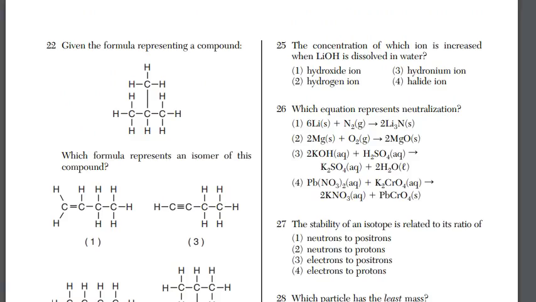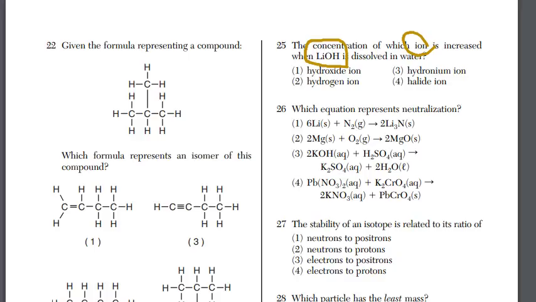For question 25, we're looking for the concentration of which ion is increased when lithium hydroxide is dissolved in water. Well, it doesn't say the words acid, base, or neutralization, but this is a base.